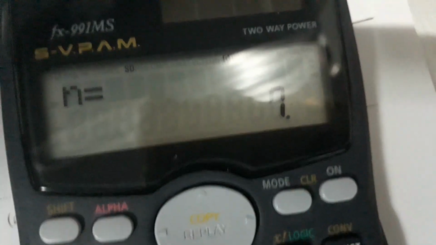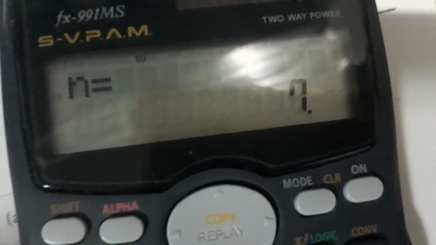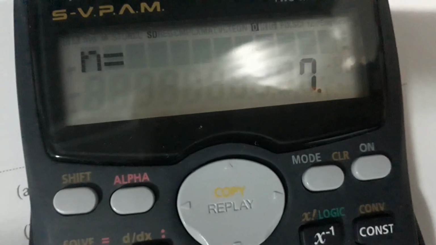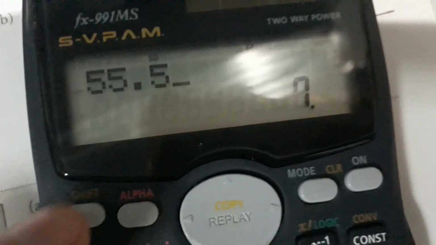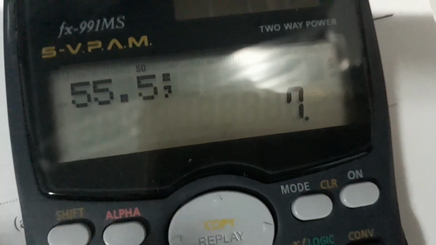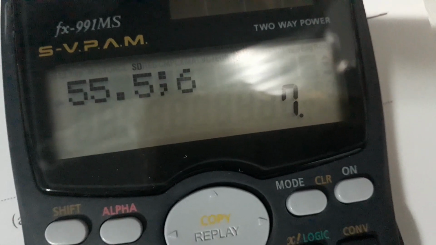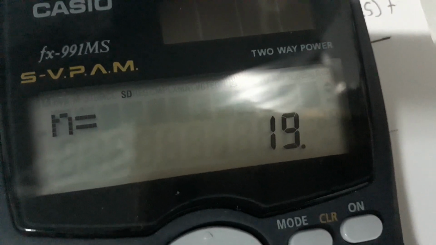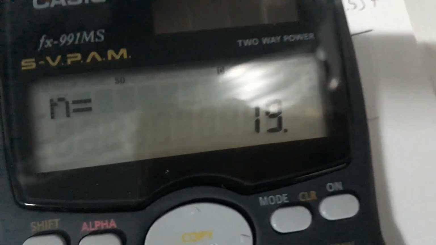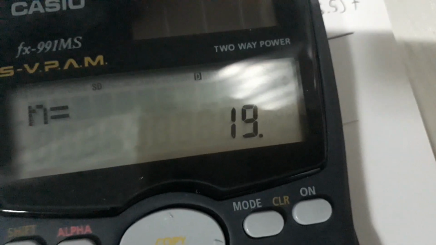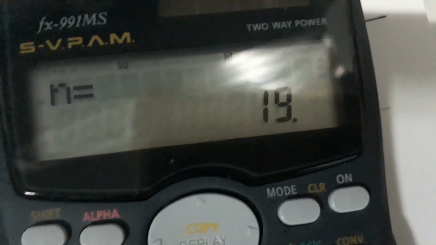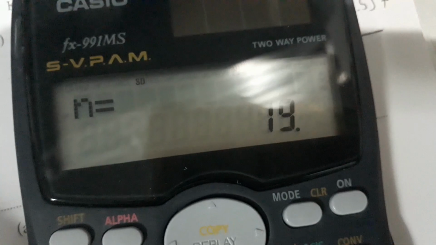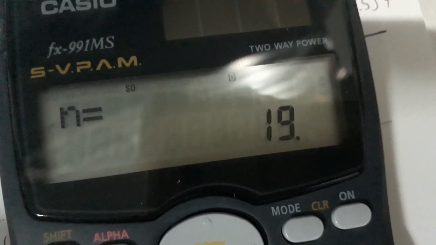So that's the total frequency, and then you just keep on adding until you get the total frequency of 25. So you put 55.5, you put the symbol, then 6 is the frequency, then you press M plus. Now the total is, wait, oh no, I actually inserted the wrong number. Okay, doesn't matter, because at the end of this process, you can actually edit the information if you accidentally key in the wrong information.